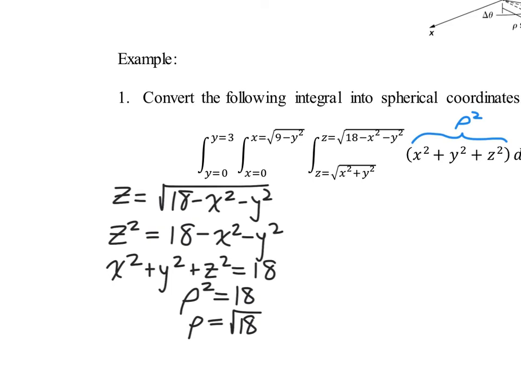We're going actually from rho equals 0 to rho equals root 18. Because again, I'll just do a quick terrible sketch. Here's root 18, for example, on the z-axis. I'm starting at 0 and I'm trying to get all of that space in between 0 and root 18.